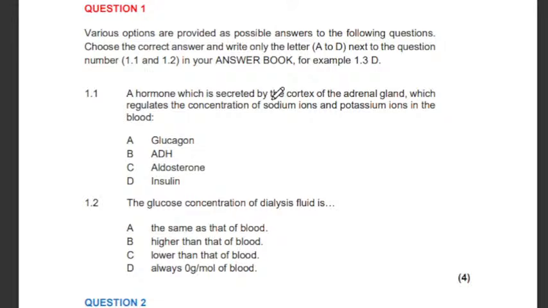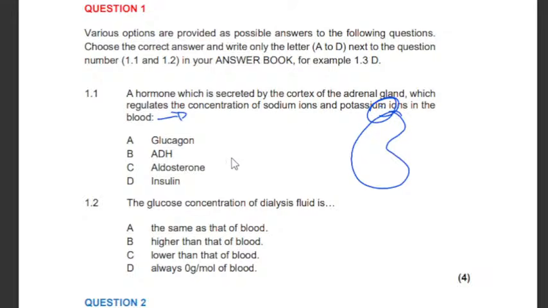A hormone that is secreted by the cortex of the adrenal gland, which regulates the concentration of sodium and potassium in the blood. Remember guys, that the kidney has a gland on top, which you call the adrenal gland. It has the medulla part and the cortex part.